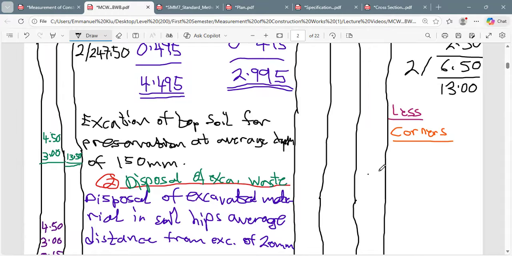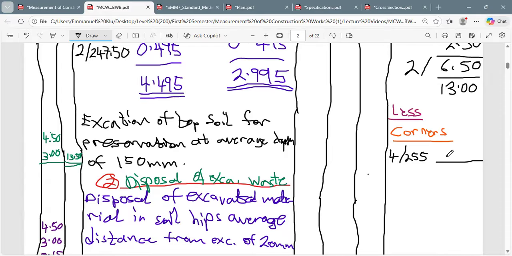So that is going to give us, let's say, 4 times 255. At the end of the day, we are going to get our answer. 4 times 255, 1020.